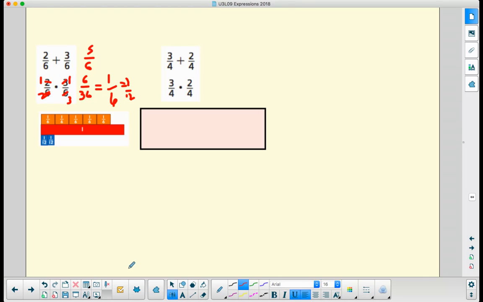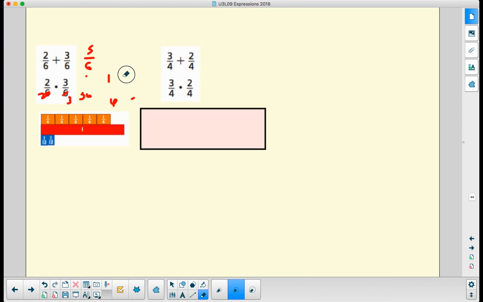Look at, when I multiplied by, and when I take 2/6 of 3/6, I have less than 3/6. And the same goes here. 3 fourths plus 2 fourths, adding my numerators gives me 5 fourths, or 1 1/4.